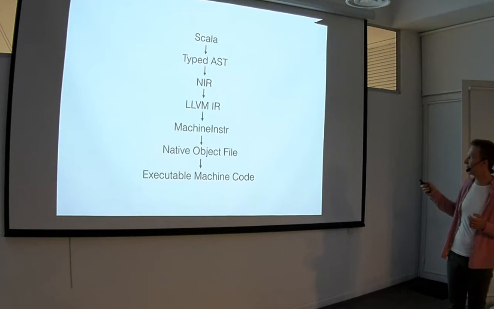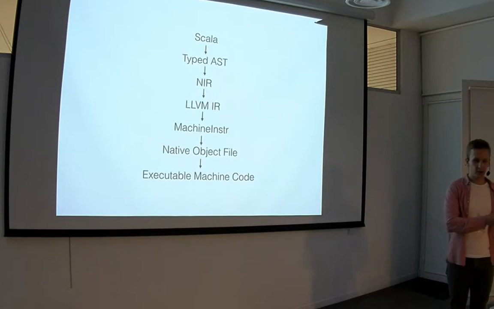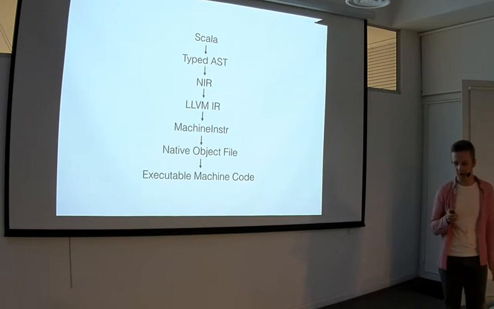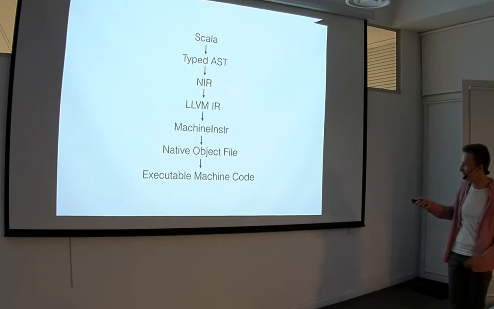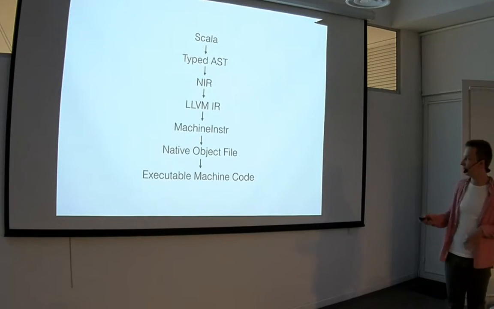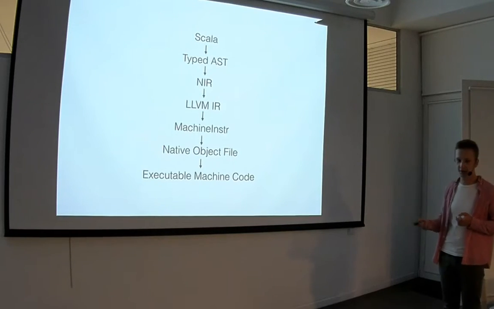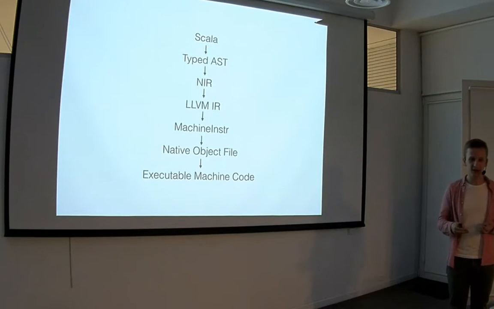So there are very, very many different representations, and all have a very good reason to exist. We start with Scala code, which is a nice high-level language that you actually write, right? And then it produces typed ASTs. You would not want to write typed ASTs by hand, trust me. And then it produces NIR, and then every single step of the way, it's lower and lower levels. For example, even LLVM has two representations inside. It has LLVM IR and something called machine instruction, which is a representation that knows about hardware.